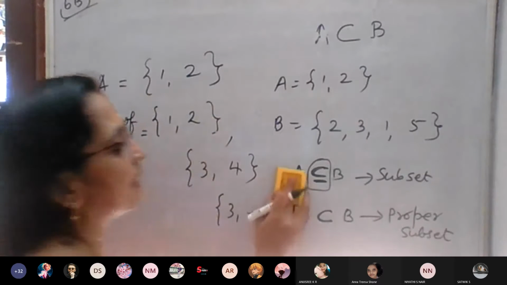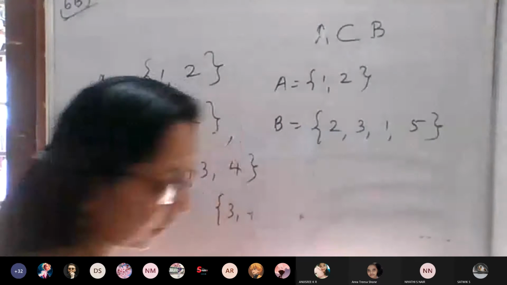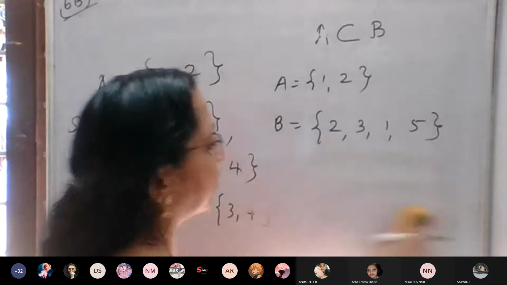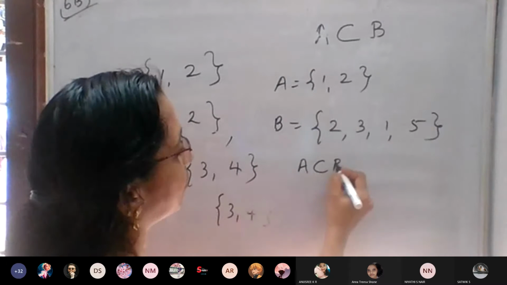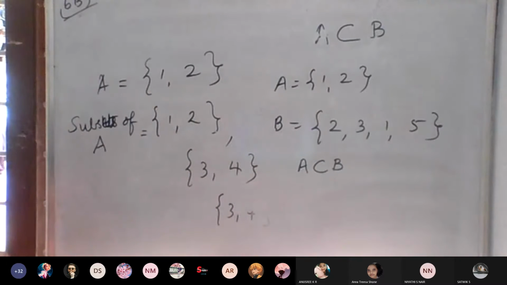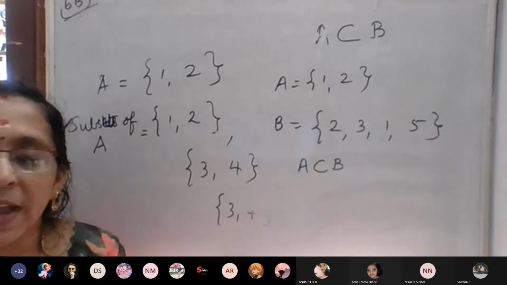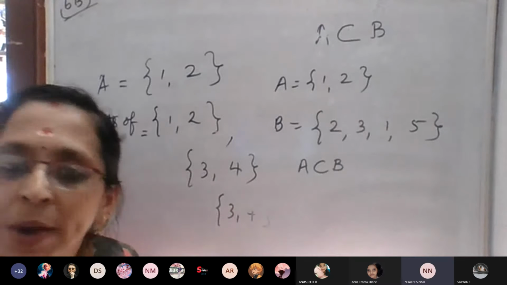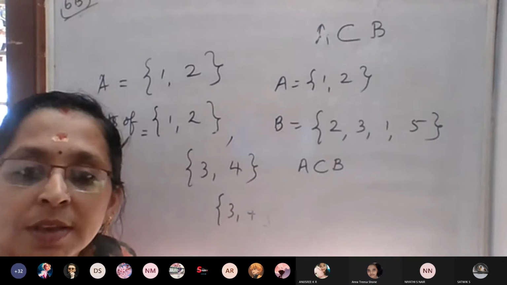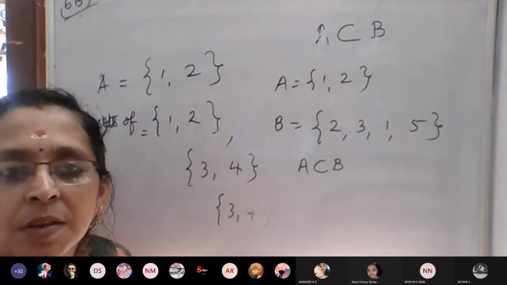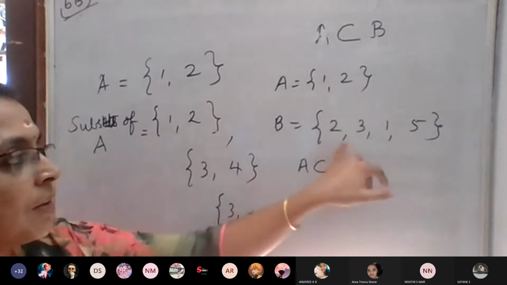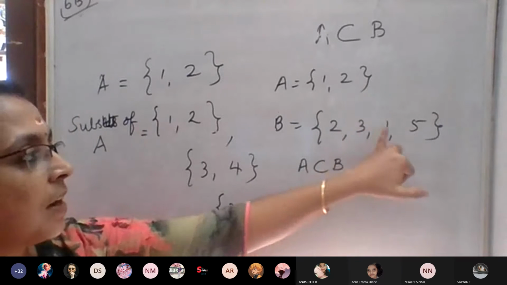So can we say A is a subset of B? I am saying A is a subset of B, whether it is correct or wrong. What did I say? If all the elements of A, which are 1 and 2, are there in B. Yes, 1 and 2 are in B. Here 2 is there, here 1 is.